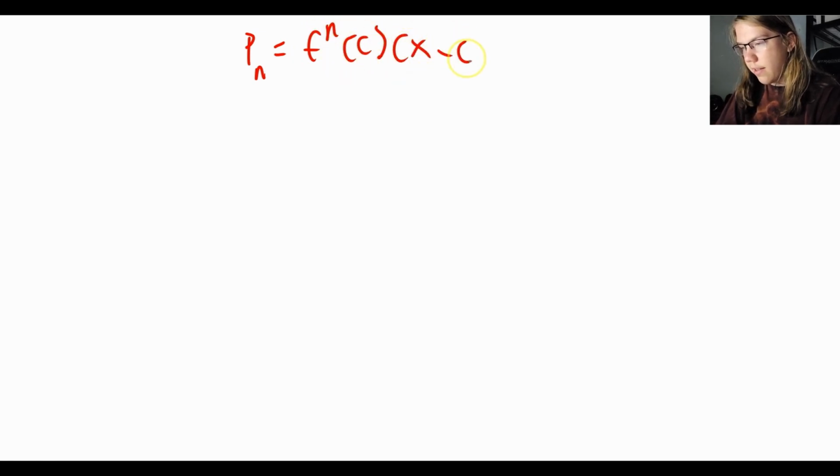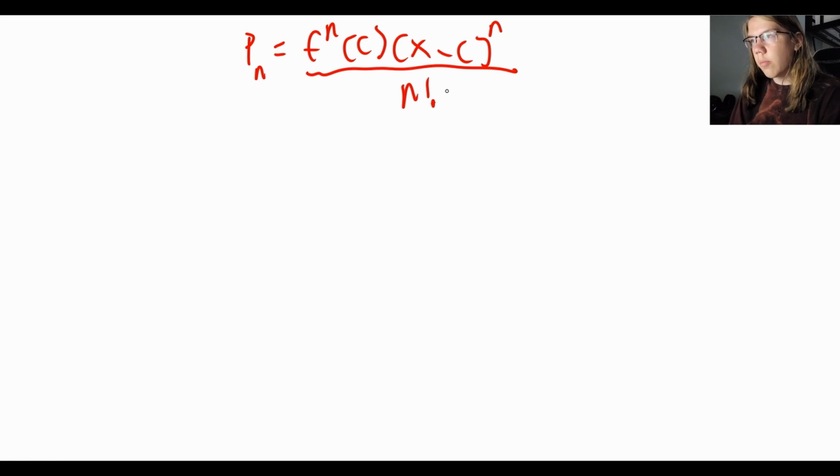Well, we know that a series can be represented as p sub n equal to the formula for a Taylor series, the nth derivative of f at c times x minus c to the n over n factorial.